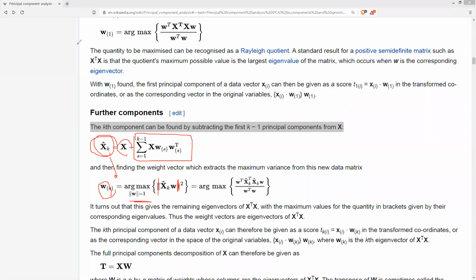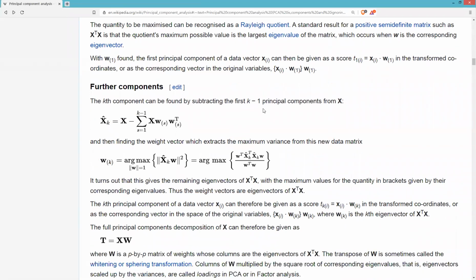So we know how to find the first principal component. Given that, we subtract the first principal component, and then using this formula, we can get the second principal component. Once we have the first and second principal components, we subtract those from the data, and then we can get the third principal component, etc. Okay, so students can read this one.